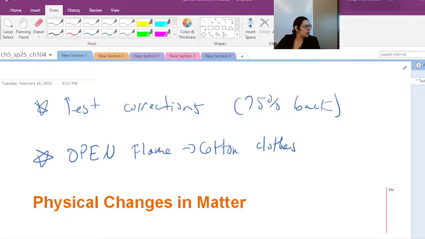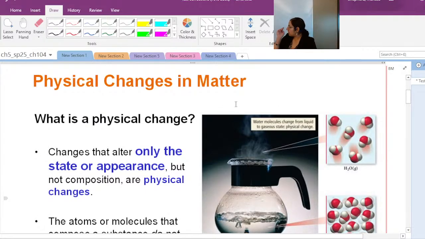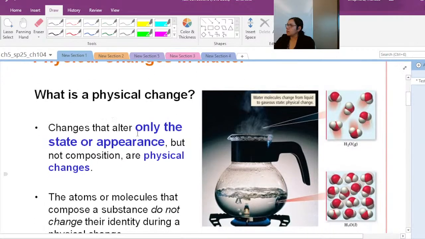All right, so we'll keep going with our chapter. Now we're orienting ourselves. We briefly talked about chemical or physical changes where we alter our state, meaning state of matter: solid, liquid, gas.